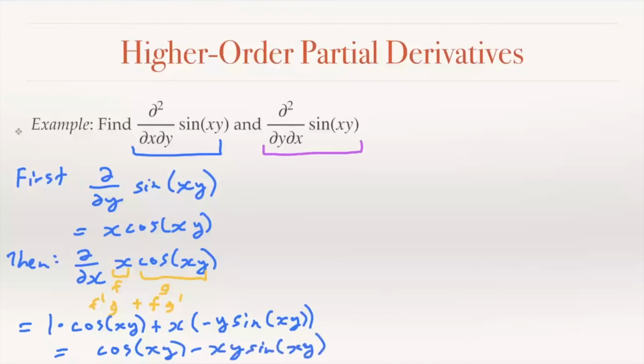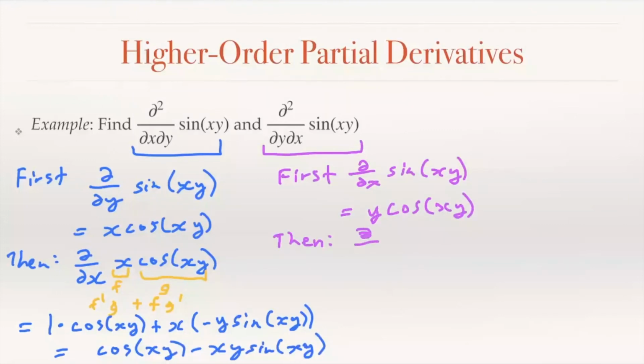Now this guy. So that means that first we are taking del x of sine of xy. That is y times cosine of xy. And then we are taking del y of that. Once again, we need to recall the chain rule, except now here it's with respect to y. Derivative of y is 1 with respect to y.